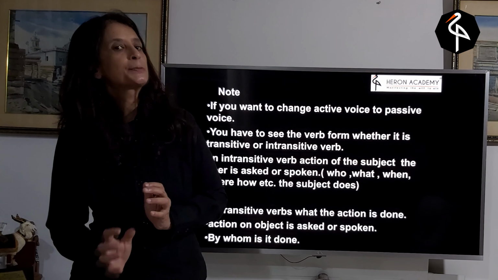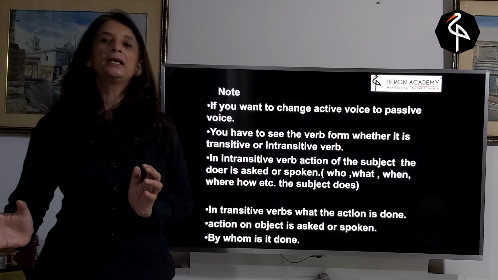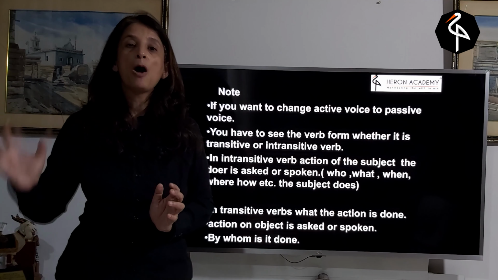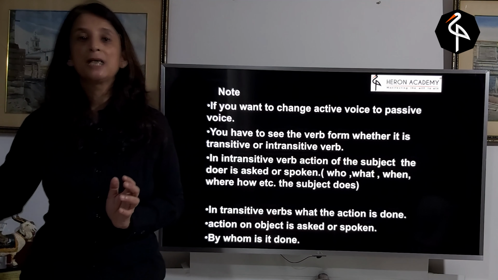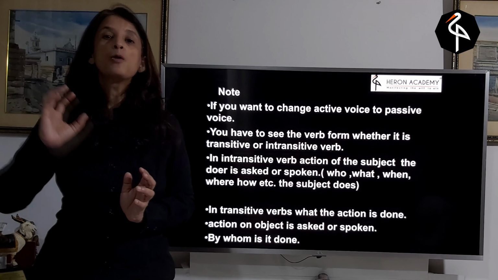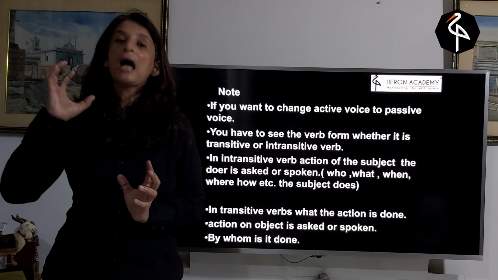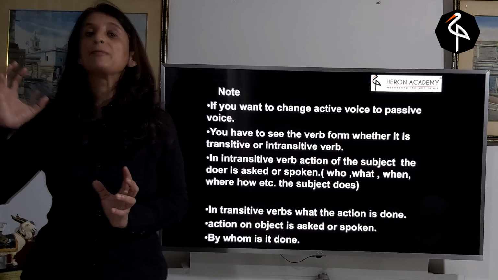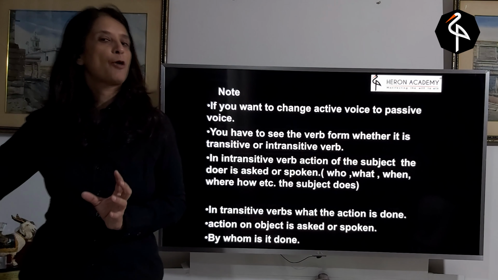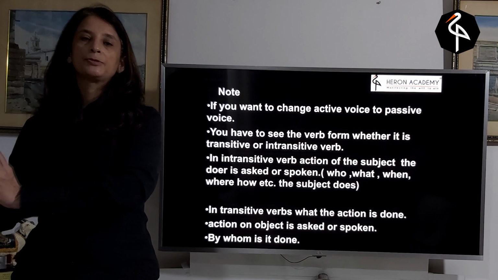That means this particular verb requires an object to complete the statement. It is information about the work that is done, information asked about the action that is done. So the action is very important.